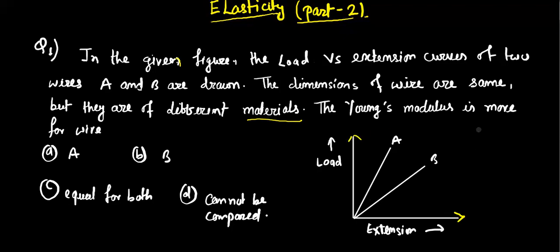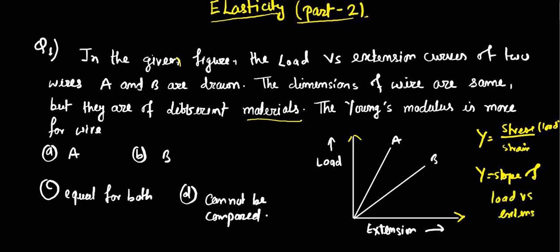We just have to recall the formula of Young's modulus, which is equal to stress, that means load per unit area, over strain. So load per unit extension gives us the Young's modulus, and also we know that Young's modulus is the slope of the load versus extension curve.